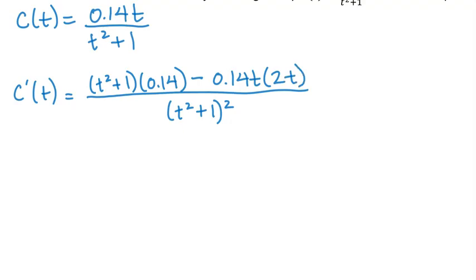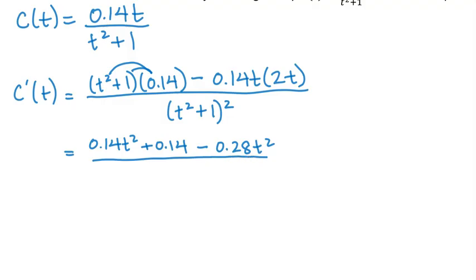So not too bad, but we do have that sort of partly factored, partly sum and difference thing going on. So I think I'll go ahead and distribute that 0.14 through. I will get a 0.14t squared plus 0.14 minus a 0.28t squared, and that is all over a t squared plus 1 squared.